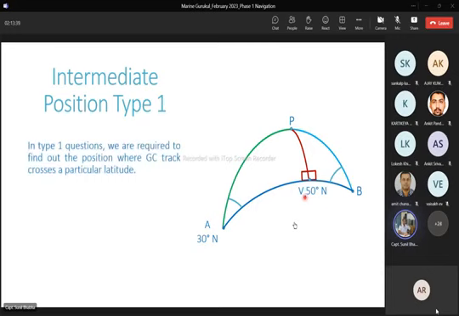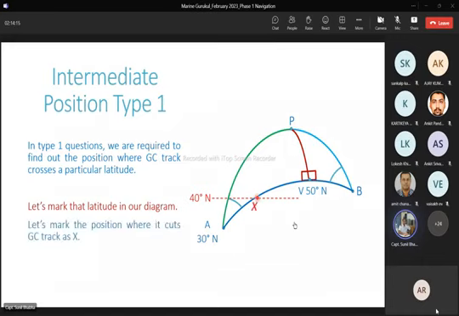In this type of question, they ask us to find the position where the great circle track crosses a particular latitude. Let's assume they want us to find the position where the great circle track crosses the 40 degree north parallel of latitude. You can see this dotted line representing the 40 degree north parallel, and it crosses the great circle track at this particular location. So this is the position which we need to obtain.